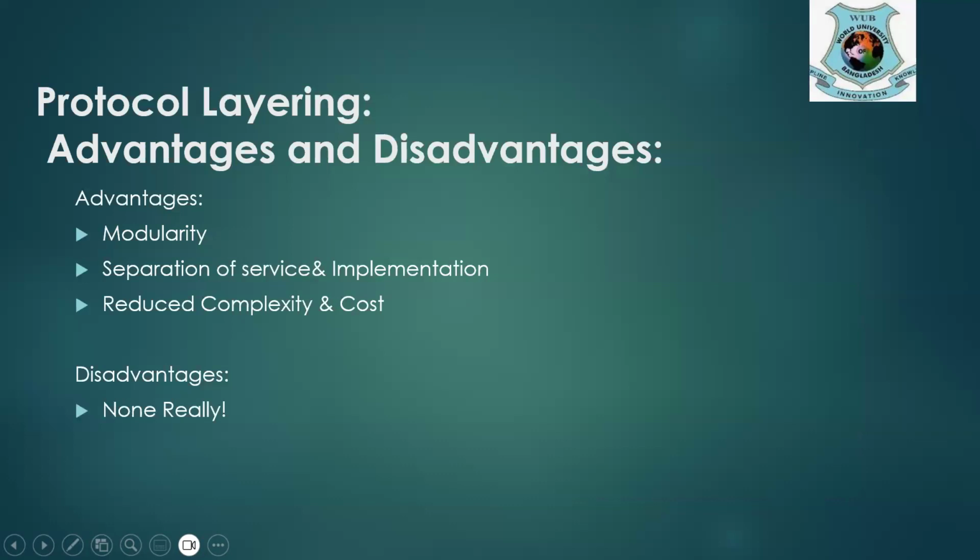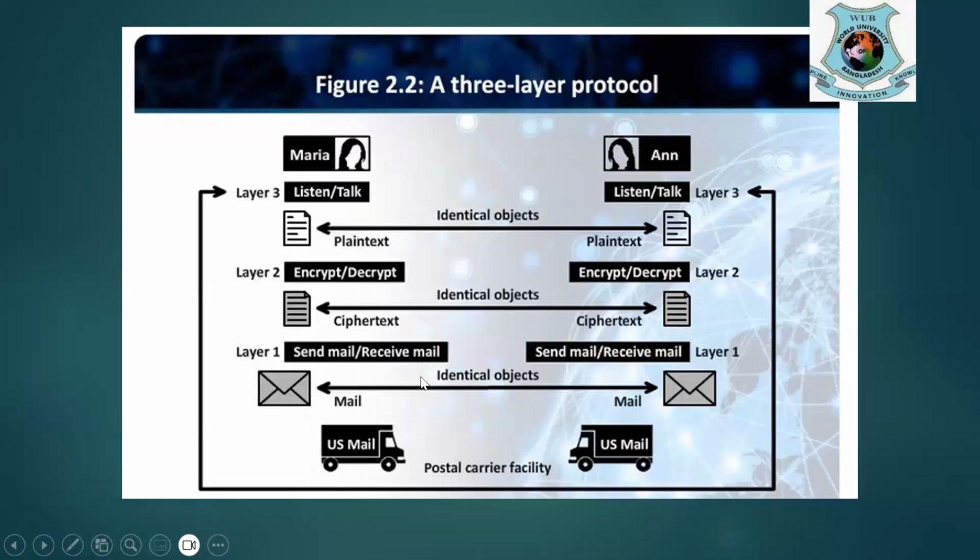So modularity means, say for example, when you are doing the whole process in just one layer, in that case, the task will be more complex. But when in layering, you are just dividing the whole task into smaller portions, and every layer is doing that smaller part.